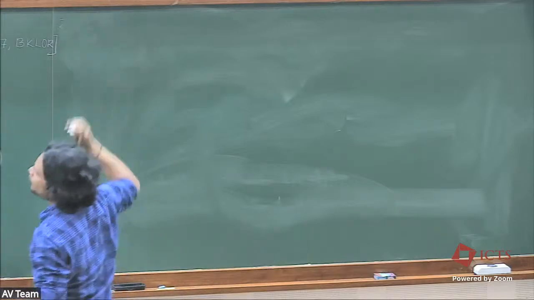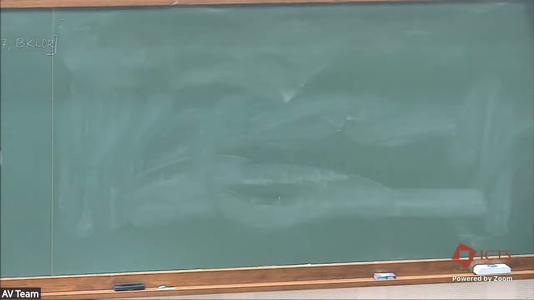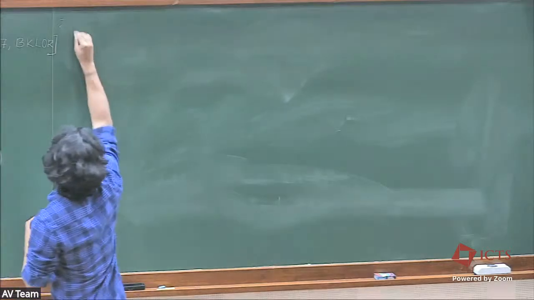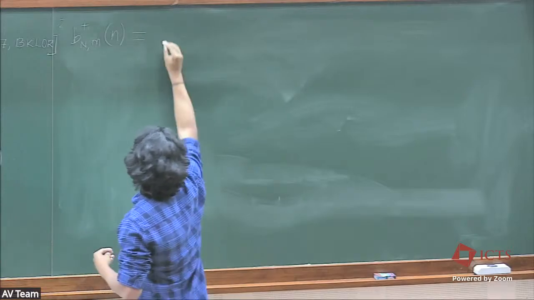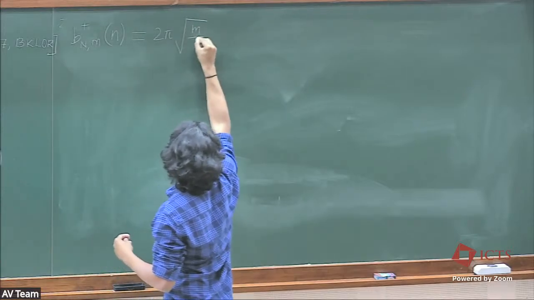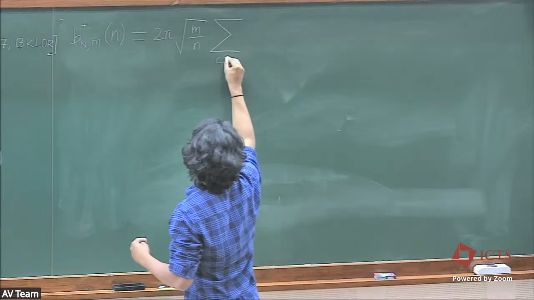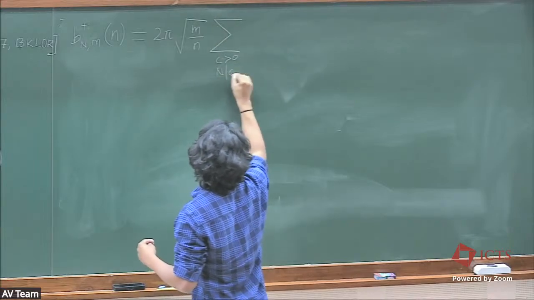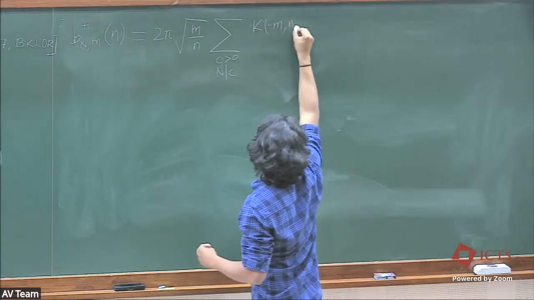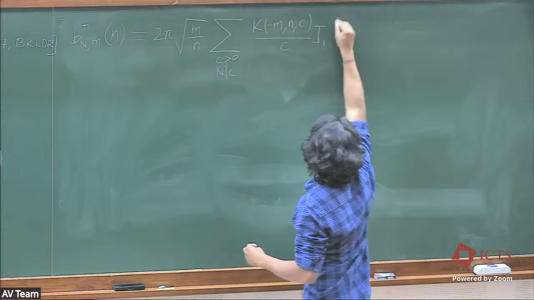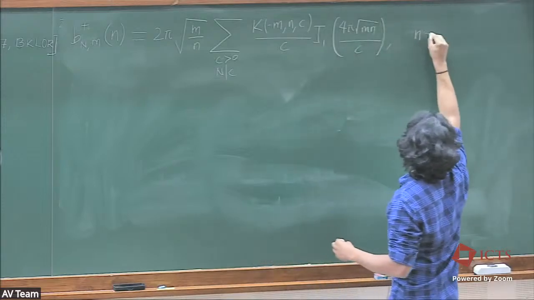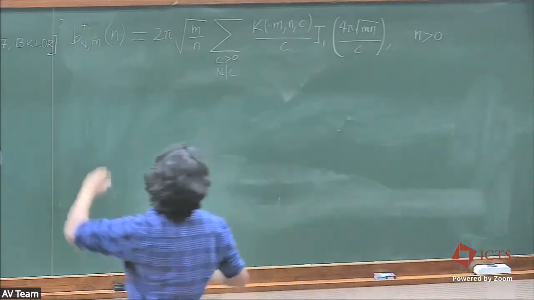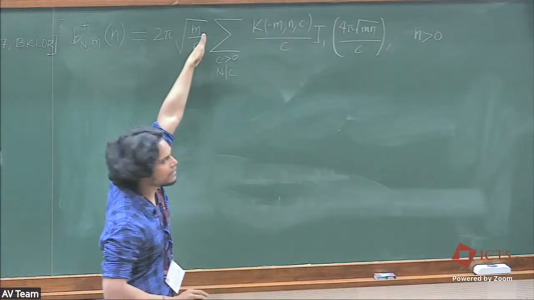So I already wrote down this Fourier expansion here. Let me just write down the expression for these things. It's not very difficult. So this is for n greater than 0. And there is a similar expression for n less than 0 with modulus here inside the square root.